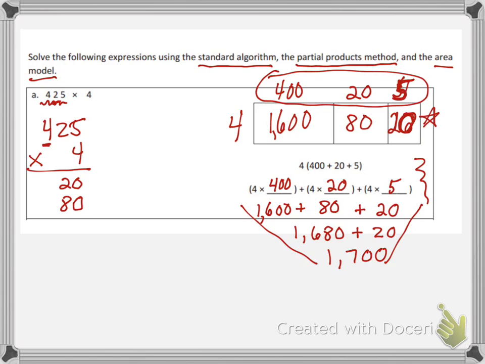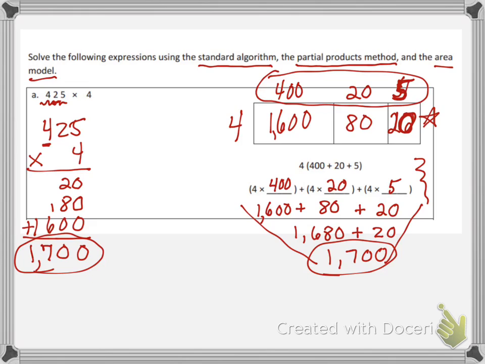And then we go into the hundreds, and that's 400 times 4 is 1,600. Now we can add these up, these partial products. We add up 0, 10, carry the 1, this becomes a 7 and then a 1. So 1,700. Look. Again, we are finding that these methods are all giving us the same product, which is it's supposed to.